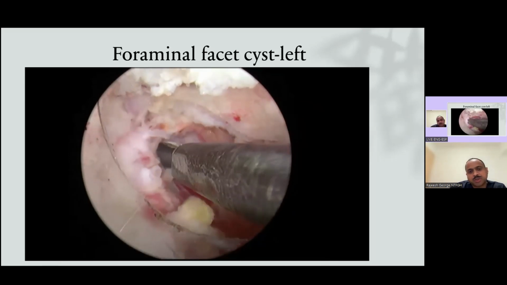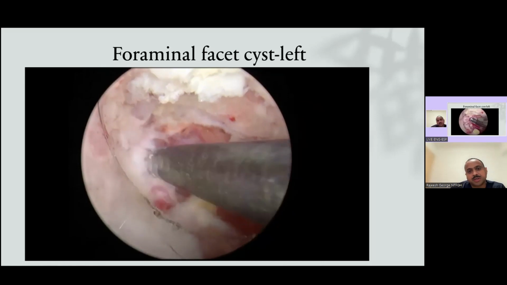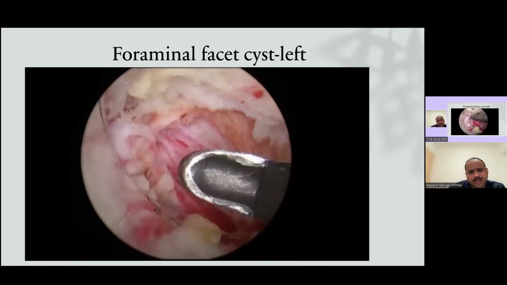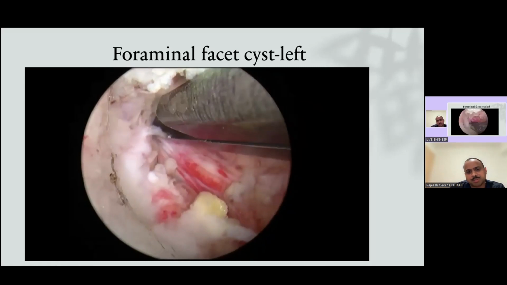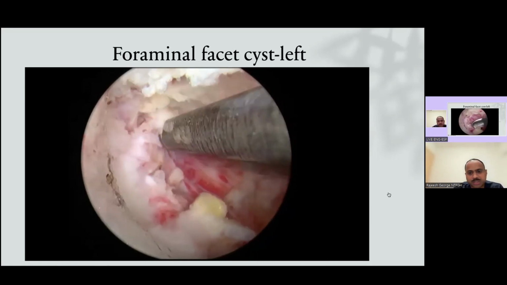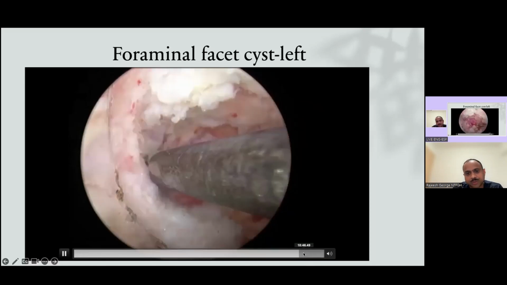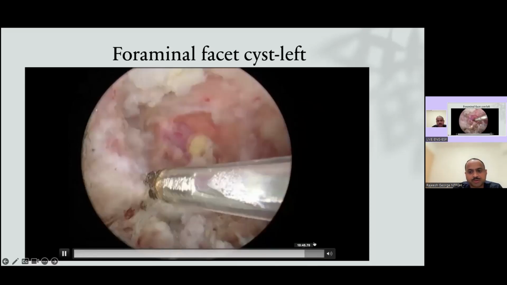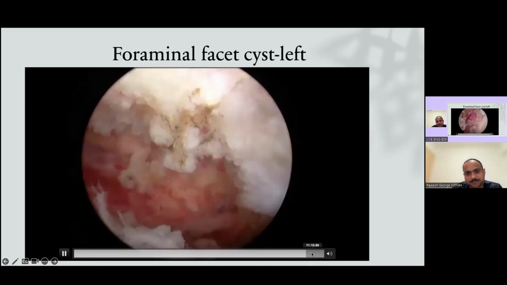So we usually go by symptoms, and once you see the nerve root is free, you're sure that the symptoms would generally disappear, which is your best indicator. So once you identify the nerve root is free, and hemostasis, then the surgery is done.